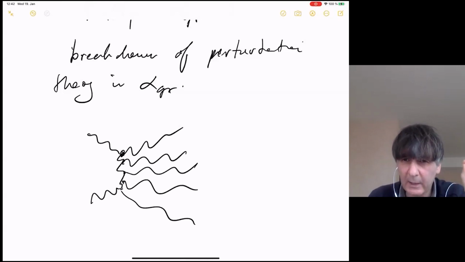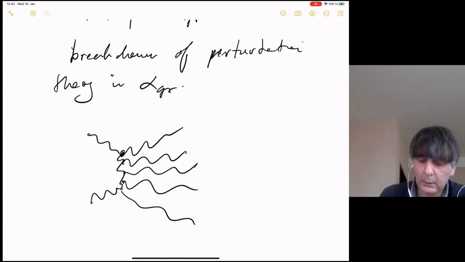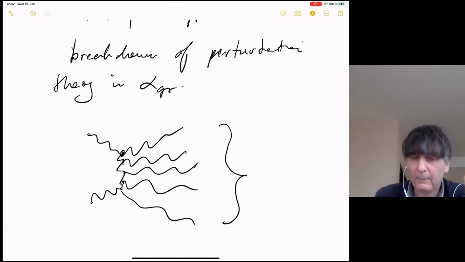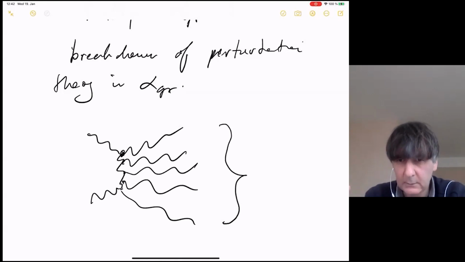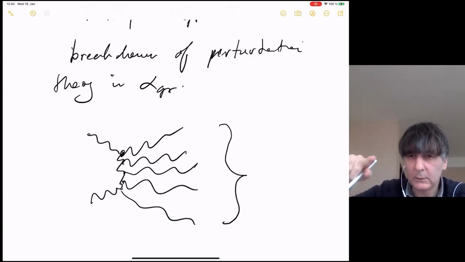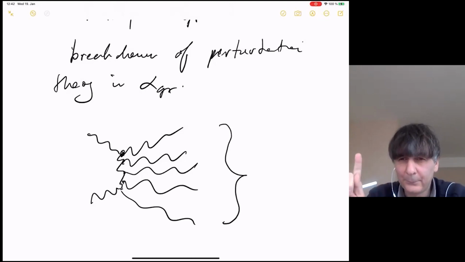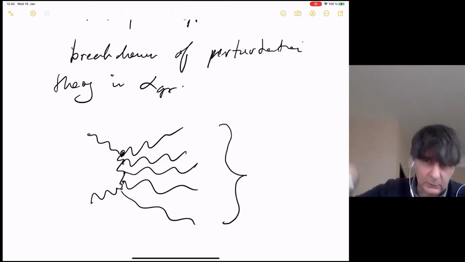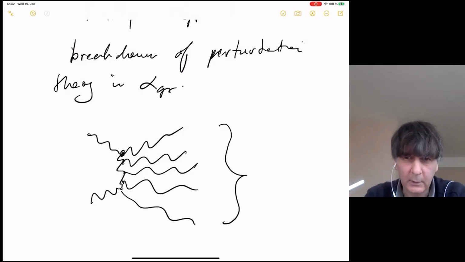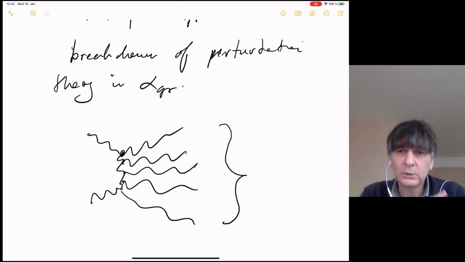There is a caveat in the following sense, however. If the number of legs in the diagram, even if the diagram is tree-level, is too high, the number of Feynman diagrams grows factorially. And there is another sort of breakdown of perturbation theory, which has nothing to do with strong coupling. This we should remember, okay?